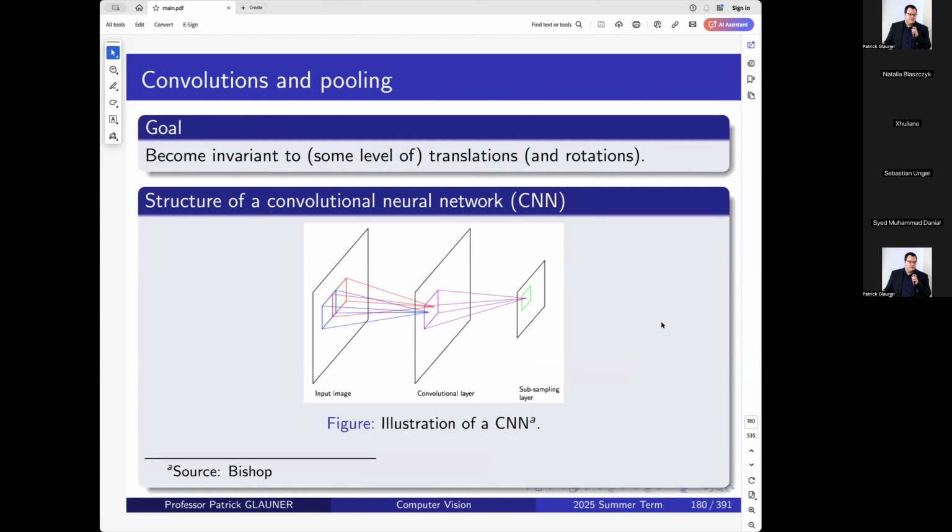And a convolutional neural network is an architecture that tries to address this. What the convolutional neural network does is it helps us to become invariant to translations and some degree of rotations, in fact. A convolutional neural network works on the 2D image input, now not turned into 1D, but the actual image. And it has a convolutional layer.